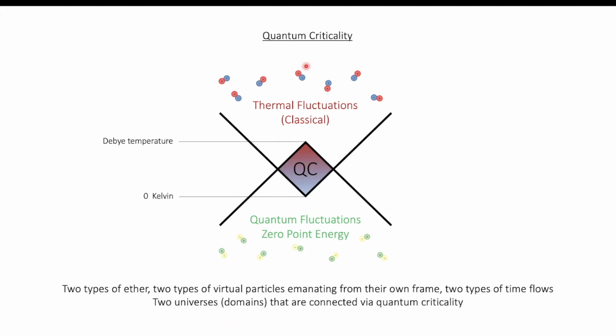So from my view, we are living in two universes. One is visible, the thermodynamic or classical universe that can be described using thermodynamics. And then we have, at very cold temperatures, reality behaves different, and that is driven by a different type of virtual particle, creating a different type of time flow.